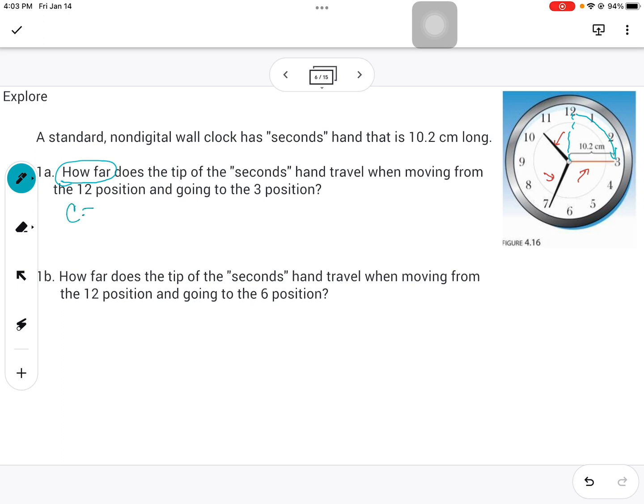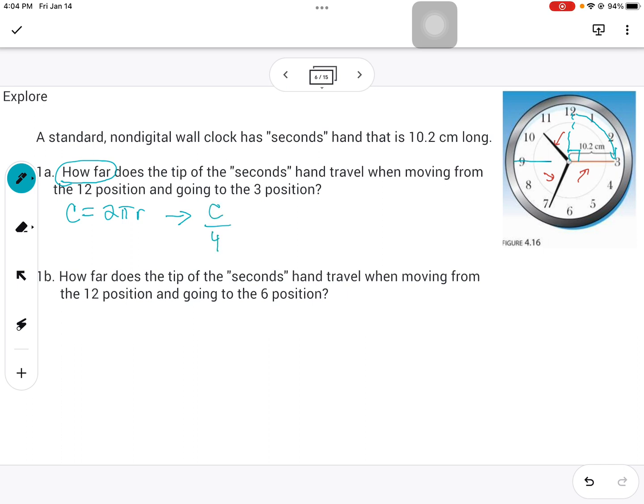We've learned previously that circumference is 2 pi times the radius. So all I need to do is take my circumference formula, and since I only need a piece of it, and that piece appears to be about a quarter of it, or a fourth, I'm just going to divide it by 4.